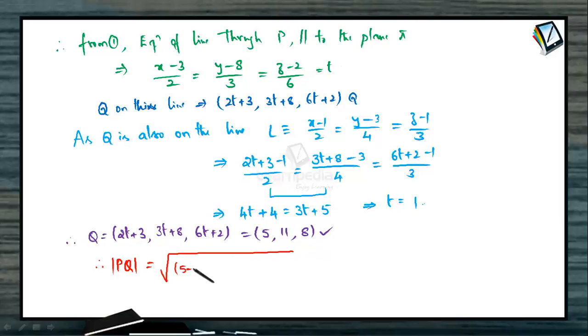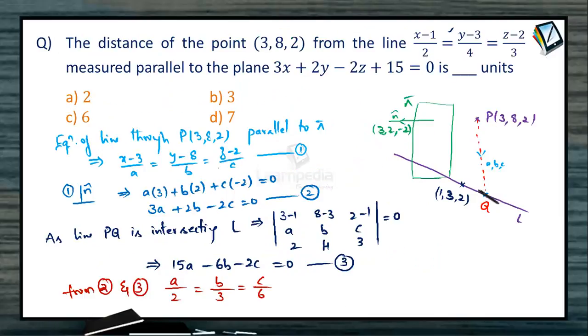So that would be the square root of (5 − 3)² + (11 − 8)² + (8 − 2)², which is the square root of 4 + 9 + 36, or simply 7 units. So the distance of the point P from the given line, measured parallel to the given plane, is 7 units, which is present as option D.